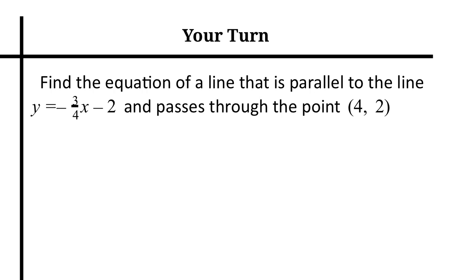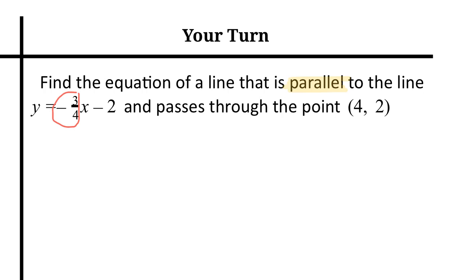The first thing that sticks out to me in this question is that we are trying to come up with a brand new line that needs to be parallel to the line or the equation that was already given to us. I know that if two lines are parallel, they have to have the same slope. So the slope in this given equation is negative 3 over 4.